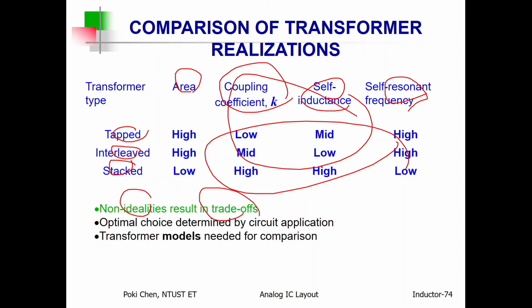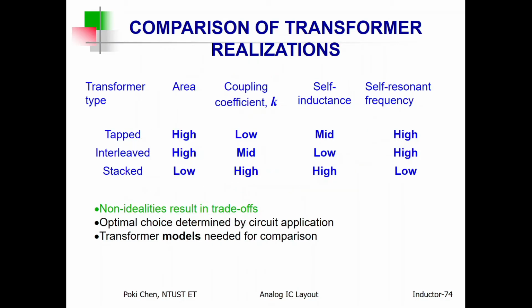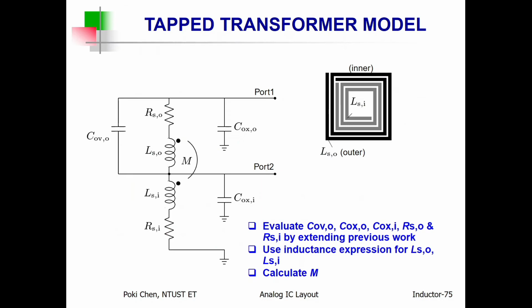If you would like to get the best K here, then you will see the self-resonance frequency will become very low. Why? Because the port-to-port and port-to-substrate parasitic capacitance will also be increased. Then LC resonance will make the self-resonant frequency reduced very much. It's up to you.